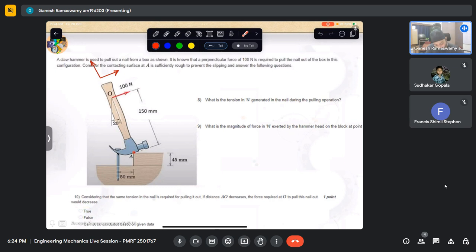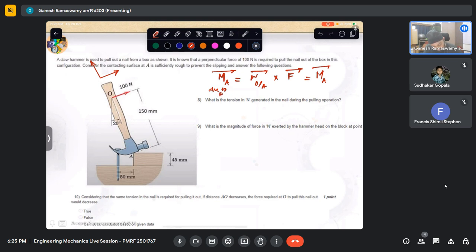Now we know that this tension is causing a moment like that, which needs to be balanced or rather overpowered by a moment applied by the force. Force is F, moment is R cross F. This is R and this is F. So R crossed with F gives us this. So the moment about A due to this pull out force is R of O with respect to A cross F. And this needs to be equated to the moment about A due to 100 Newton, or rather due to F, I should say.